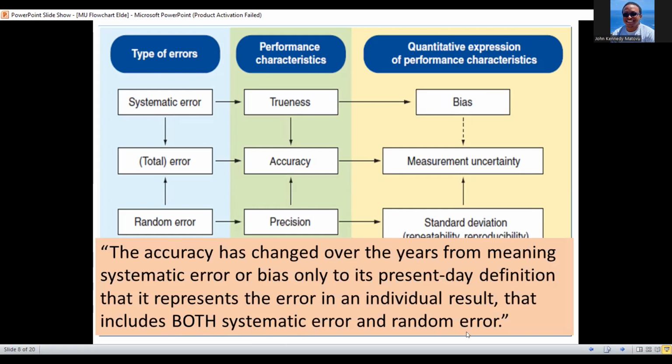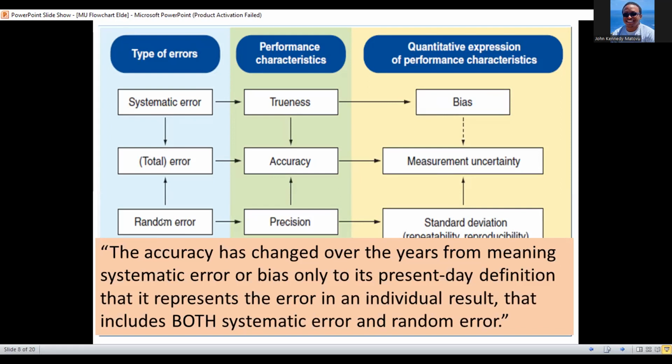Are you with me? So therefore, as the MU concept is being adopted, the concept of accuracy is revised to represent the error in individual results, which reflects components of both systematic error as well as random error. Now, here's my advice to you. When you're reading materials or publications, prior to MU, accuracy represented systematic error only, right?